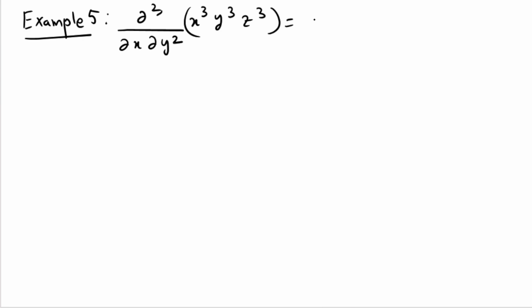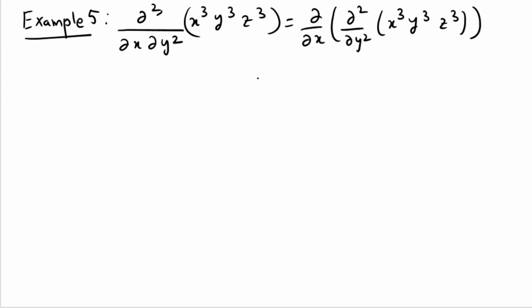This can be written as ∂/∂x of ∂²/∂y² x³y³z³. ∂/∂x of this gives me 6y because x³z³ can be treated as constant.